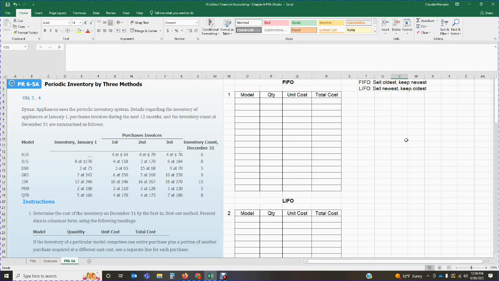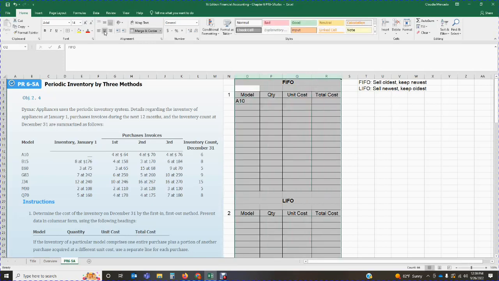So now we're going to start analyzing by model number. Every model number. We're going to start off with model A10. For model A10, it says that we have 6 in our ending inventory, and if we look at FIFO, we keep the newest.